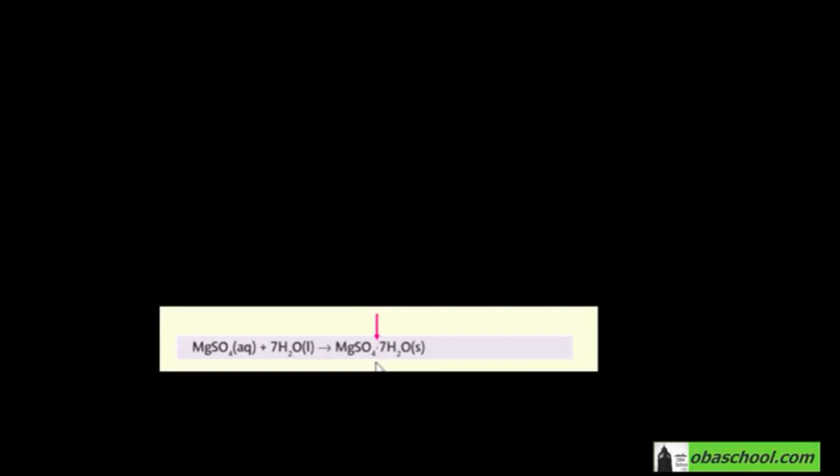This means that this is the formula of crystallization, or water of crystallization. So when we see a dot and water next to it, it means that this is water of crystallization. So we have a dot here since magnesium sulfate contains water of crystallization.